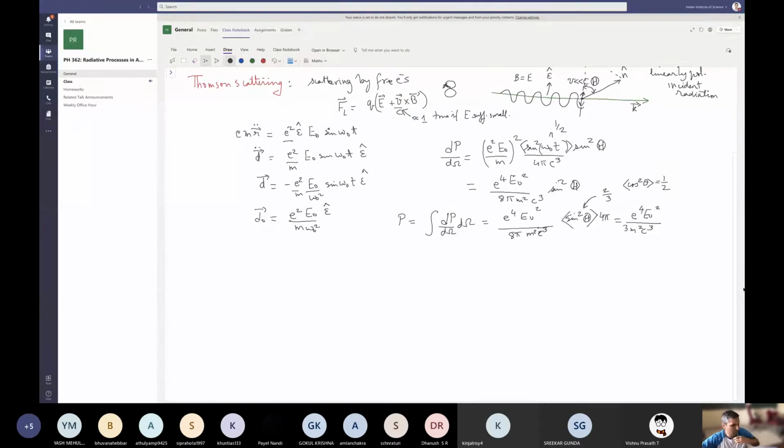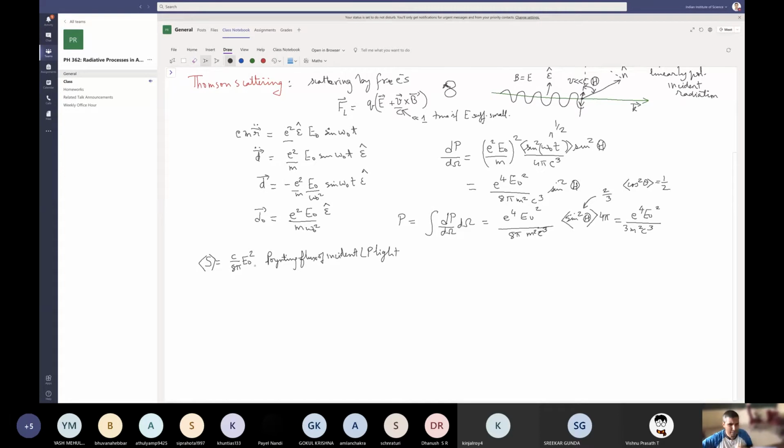So if you have an incident radiation, the average Poynting flux of that incident radiation is, if E naught is the amplitude of the electric field, this is your Poynting flux of incident linearly polarized light.